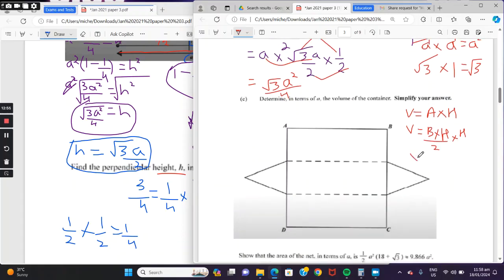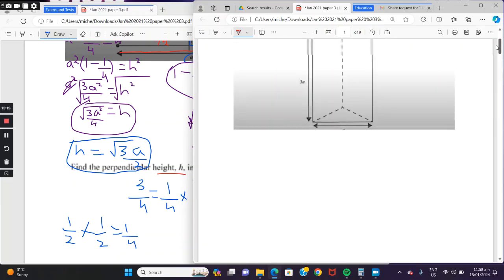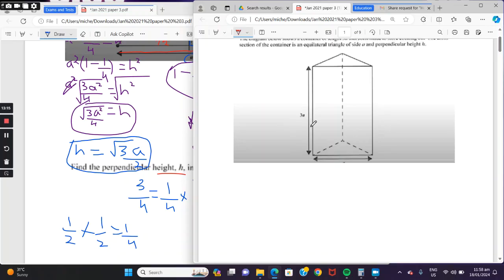So we can replace the base by height over 2 with the answer I just got there, which is the root of 3 a squared over 4. And do we know the height? I believe they gave us the height. So yeah, the height is 3a. Excuse me.